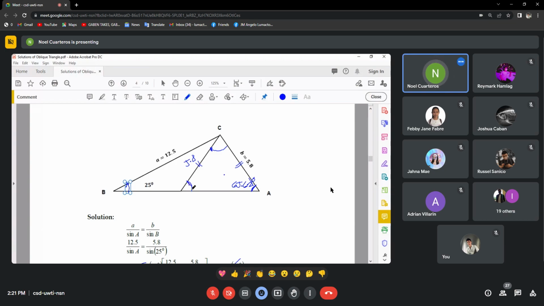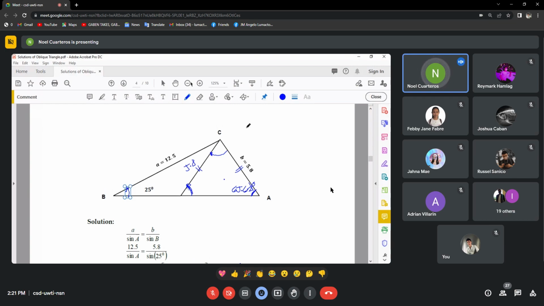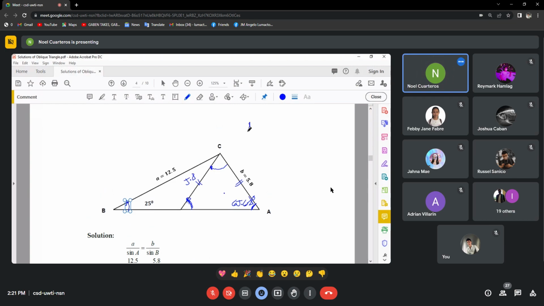Take note ana, isosceles triangle, is one of the characteristics of isosceles triangle. Kung opposite equal ganing opposite side, it follows that the opposite angles are also equal. So this one will be equal to 65.62 degree. Take note ana.